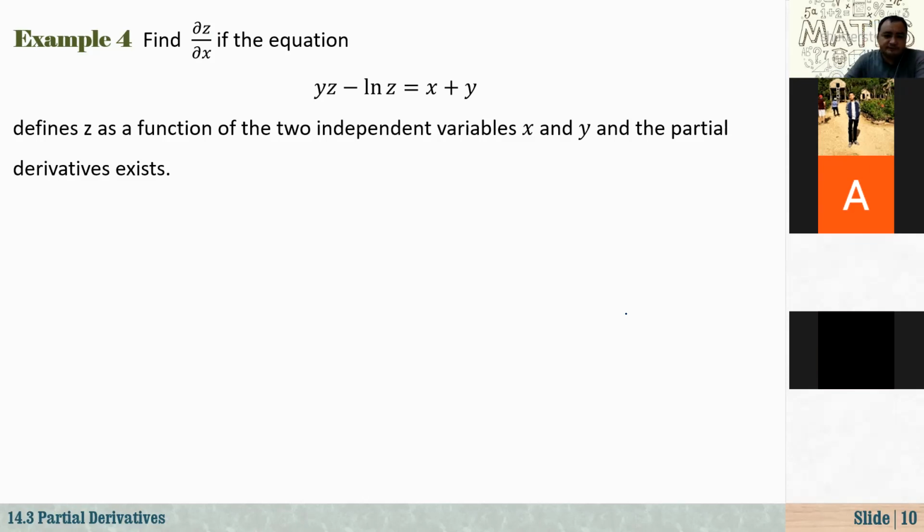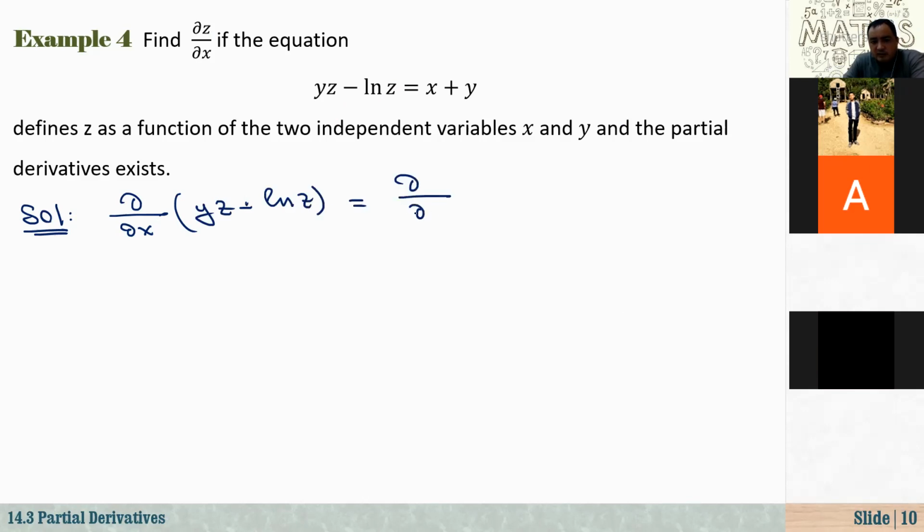So at this time, if you differentiate both sides with respect to x, here we have del del x of yz minus natural logarithm of z equals del del x of x plus y. That is very, very important.